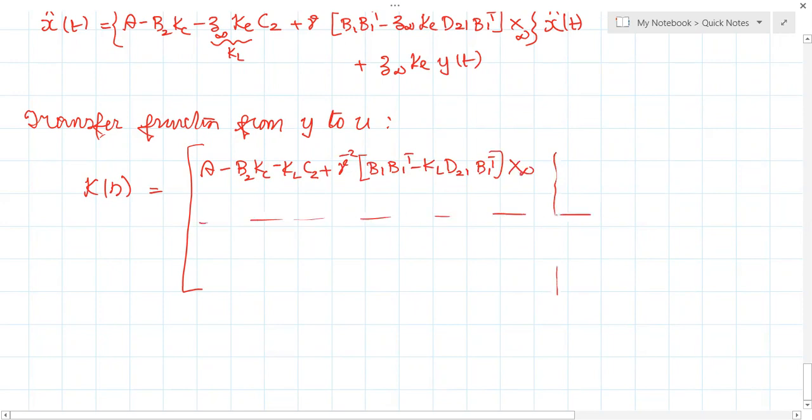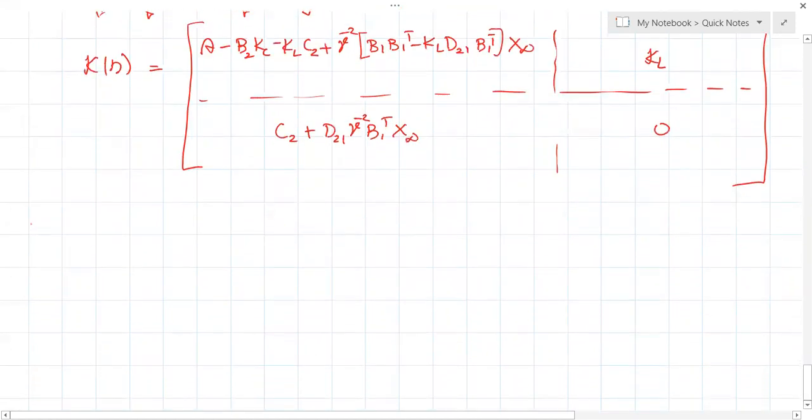See, I know you all will be cursing me, okay, but this is the subject nature. I am helpless. This is KL, and this will be C2 plus D21 gamma raised to minus 2 B1 transpose X infinity, and this will be 0.